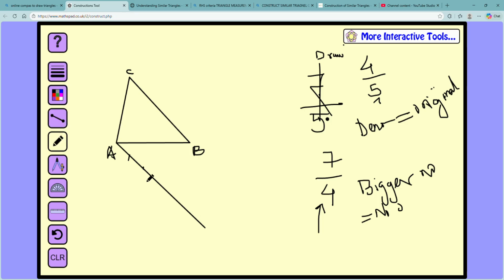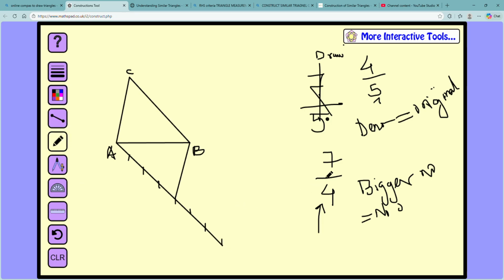We should have 4 parts here: 1, 2, 3, then 4. 4 is original, so we connect this 4 with the base. Since the bigger number is equal to the number of gaps, we need 7 gaps here. I got 4 gaps, but we need more, so 4, 5, 6, and then 7. We got 7 gaps here.